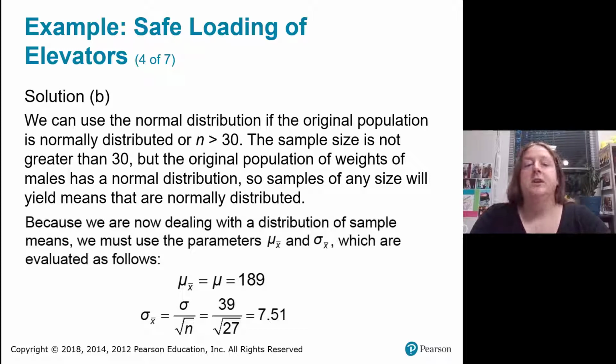So the mean of our sample means is going to be equal to the population mean, which is 189. And the standard deviation of our sample means is going to be the standard deviation of the population divided by the square root of n. In this case, that's 39 divided by the square root of 27, which is about 7.51.